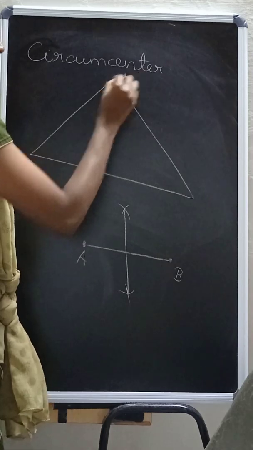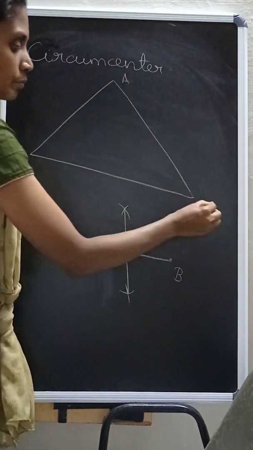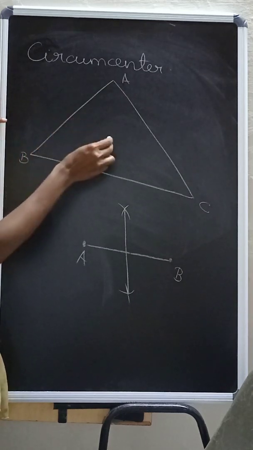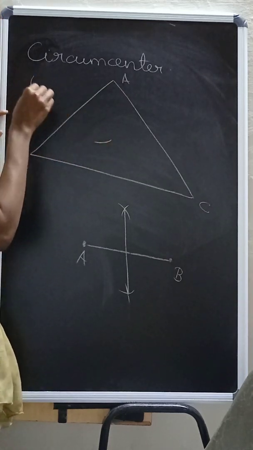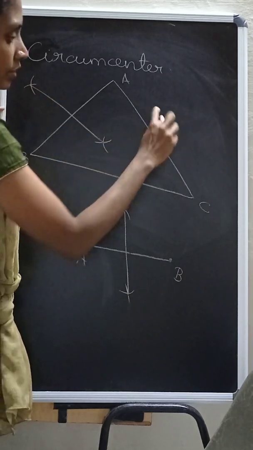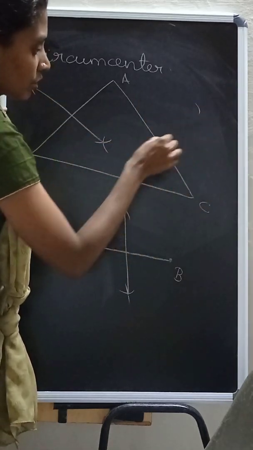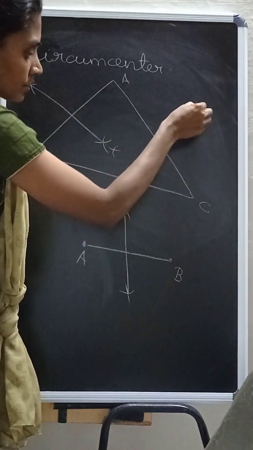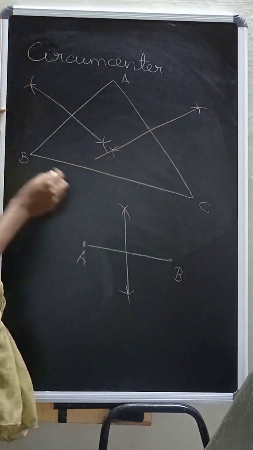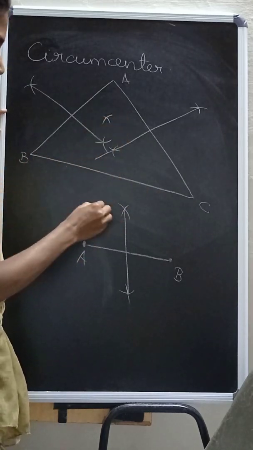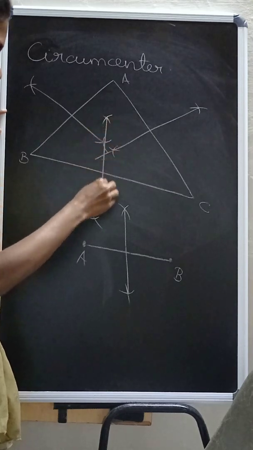Now you have triangle ABC. Now similarly you will get a perpendicular bisector here, and for AC you can draw a perpendicular bisector, and for BC you can draw a perpendicular bisector.